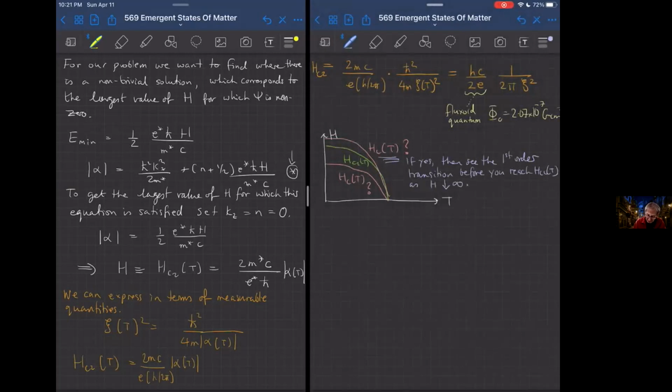So you're imagining that you're coming down from infinity, and you ask yourself, what is the transition that I first see as I lower the external magnetic field?